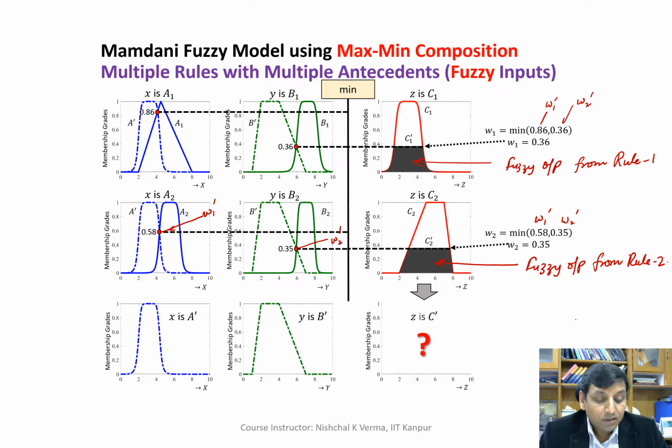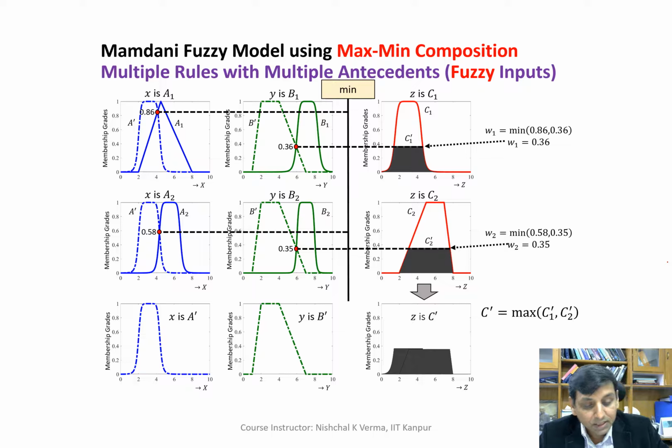Now, whatever outcomes are coming from each rule, we are taking the maximum of it. Maximum means we are taking the union of it. So let us aggregate it with union. When we take the union, we get this kind of thing. You see here, when we plot it, we are going to get the union.